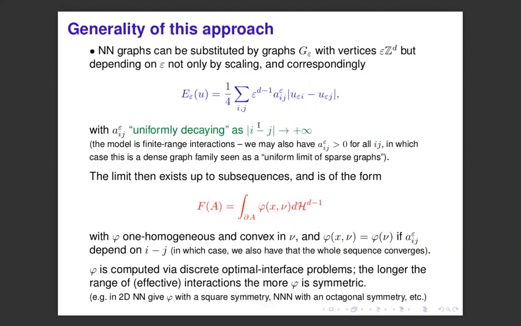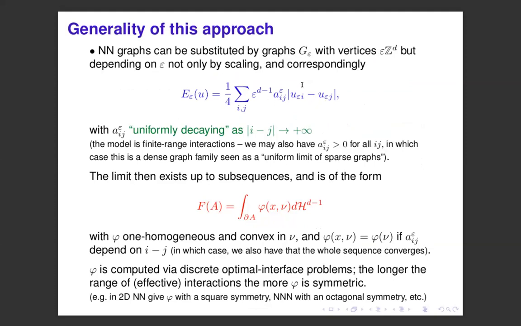Okay, well, how general is this approach? As long as we stay on Z^d, we have used just the compactness of the sets and some machinery which is developed in the continuum, essentially, and we have transposed it to the discrete.